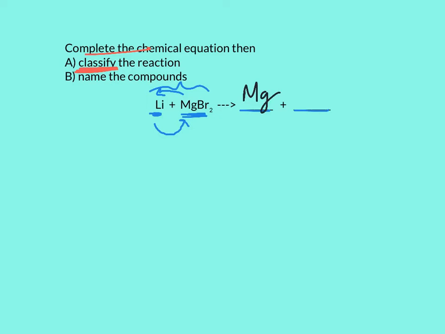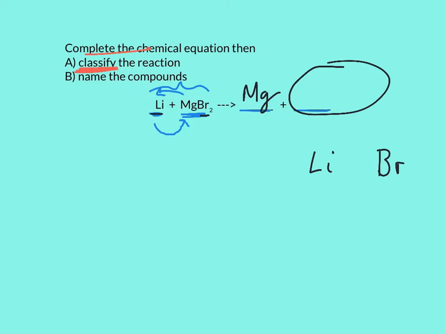Now what we're going to have left over here is that bond between lithium and bromine. Now we can't just write it out. It's not just going to be LiBr2. We have to go through the proper method for finding the formula. So lithium is a metal, bromine is a nonmetal. I'm going to once again use my crossover method.